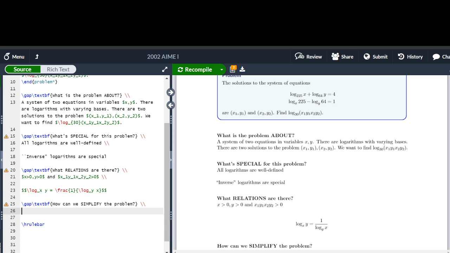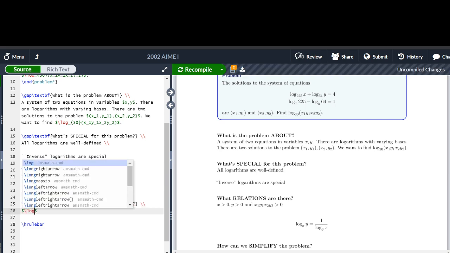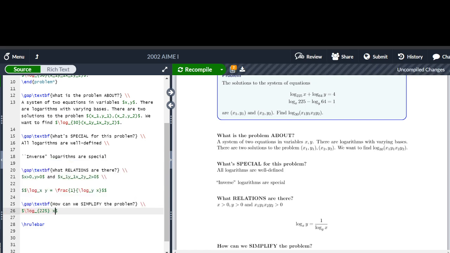Dealing with logarithms is a bit of a pain, and it might be easier to notice something if we simplify the problem by making a change in variables. So because we have the reciprocal property, we have the motivation to let the logarithm base 225 of x be a, and the logarithm base 64 of y be b.